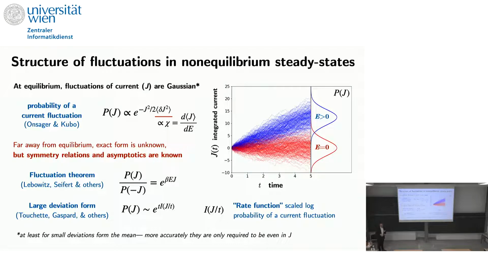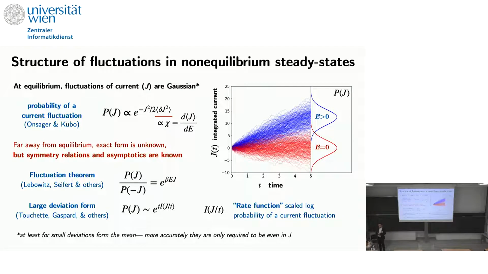There is a fluctuation that will do that, but it's exponentially unlikely, with a factor that depends on the entropy that's produced. And for the simple sorts of non-equilibrium steady states I'll consider, that entropy is easy to write down. It's just the affinity that drives the current times the current itself.